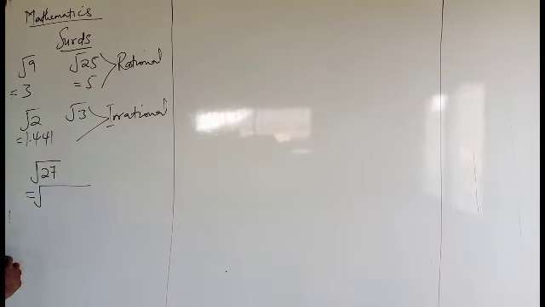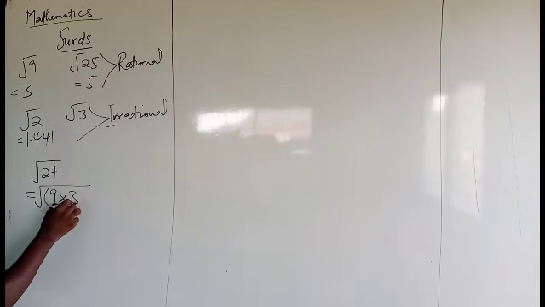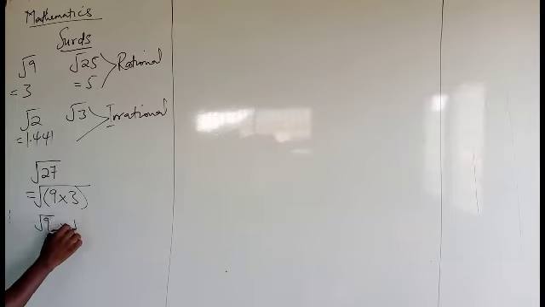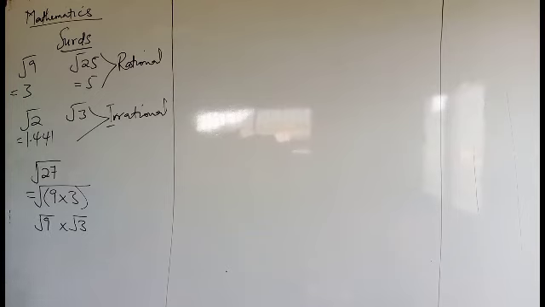Root 27. I'm going to break it down into 9 and 3. 9 times 3 will give us 27. Now we break this 9 and 3 down and give them separate roots. So root 9 times root 3 is the same as the square root of 9 times 3.